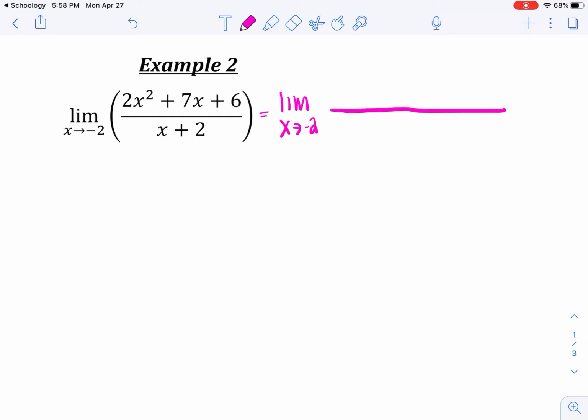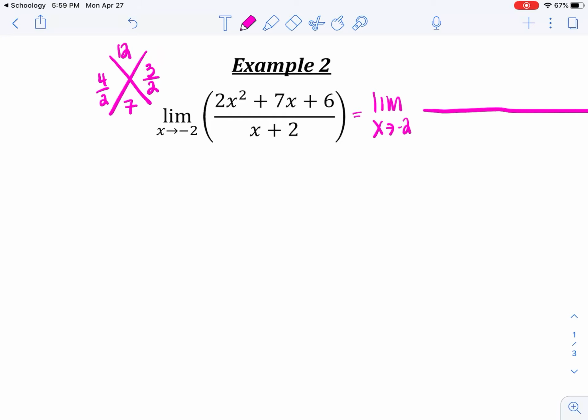I need to factor 2x squared plus 7x plus 6. I'm looking for two numbers that multiply to give me 12 and add to give me 7, which are 4 and 3. Don't forget to divide by your lead coefficient, which is 2, and simplify your fractions. This is 2 over 1. So I get x plus 1 times 2x plus 3.